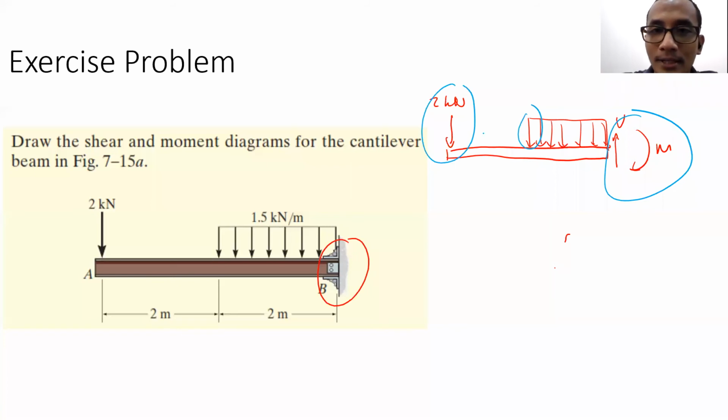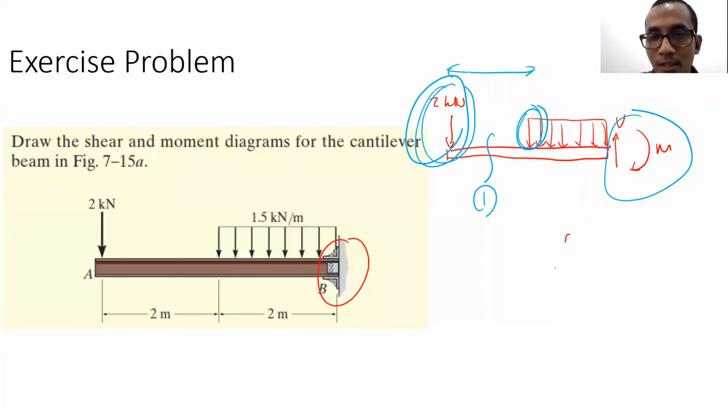So the sections have to be done to handle those. We do a section here between the concentrated load and the start of the distributed load, to handle the equation of the internal moment and internal force between those 2 locations. And the second section is here, to handle the internal moment and internal force between those 2 locations as well. Do you get me, Sabina?